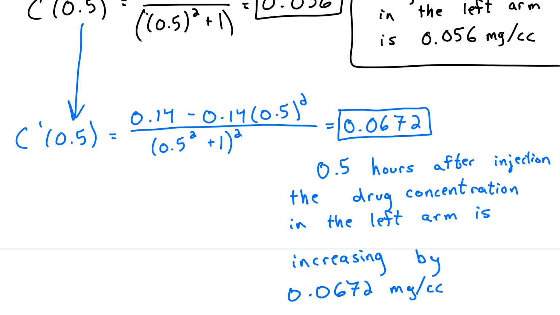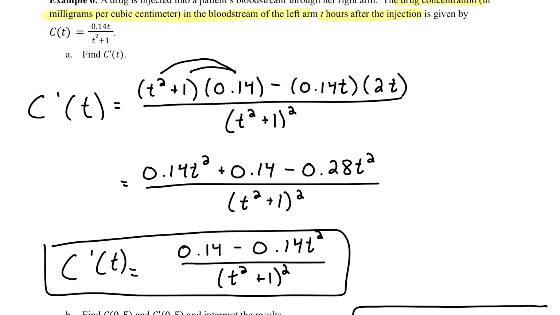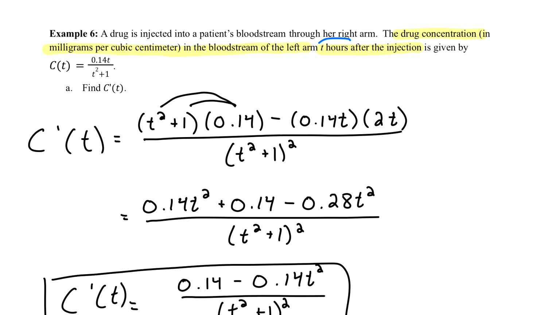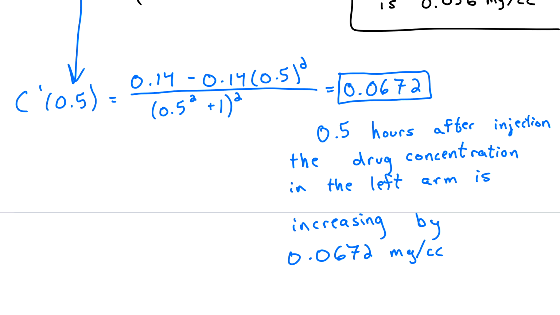Is it increasing by this amount every day, every year, every minute, every second? We have to have a unit of time here. And for that, we're just going to look at what our unit of time was. We said t represented hours. So we're going to say it's increasing by 0.0672 milligrams per cubic centimeter per hour, or each hour.